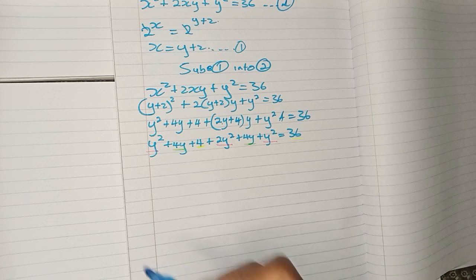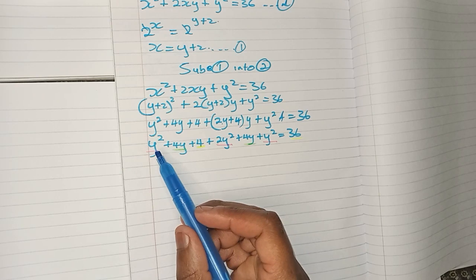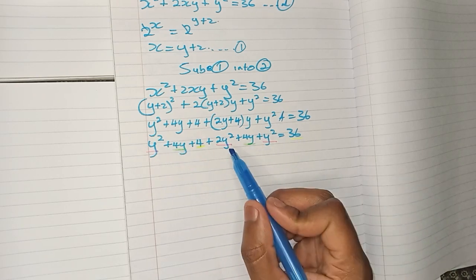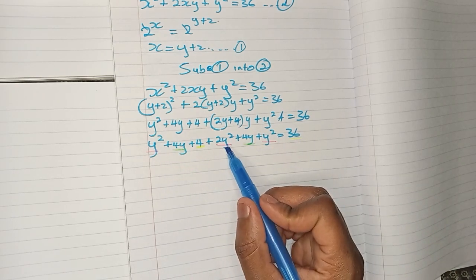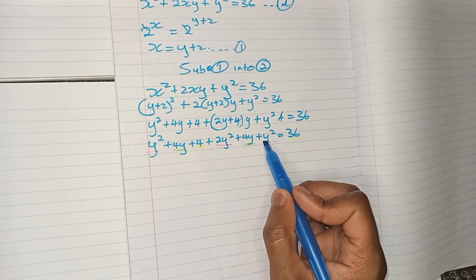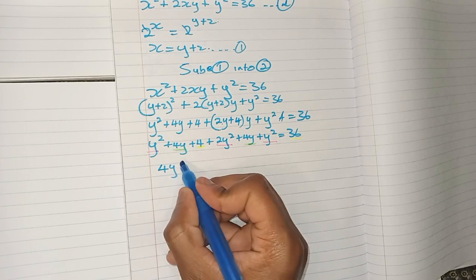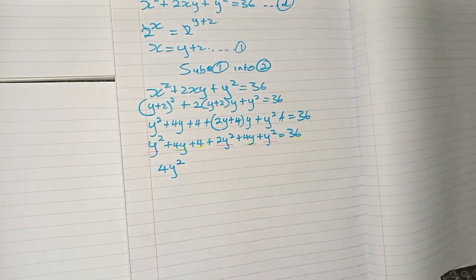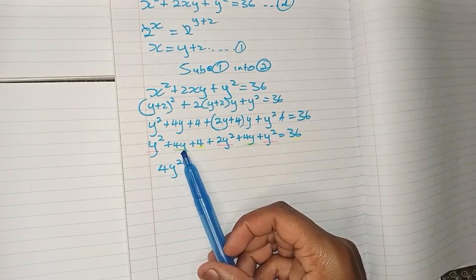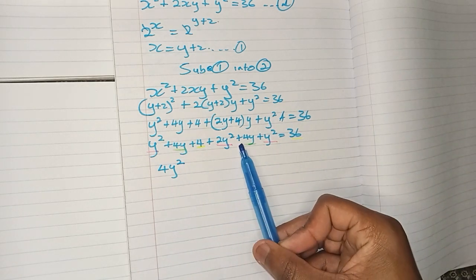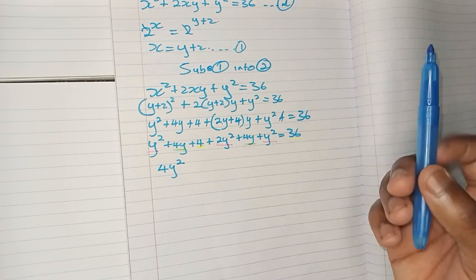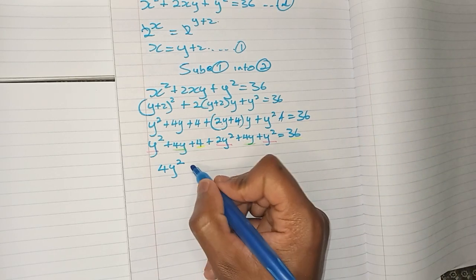Right, so we're simply going to say y squared plus 2y squared, it's equal to 3y squared, and then plus this y squared, that's going to be 4y squared. Right, we're done with the y squared. And we also have 4y plus 4y, and we're done with the 4y's, so it's going to be 8y.